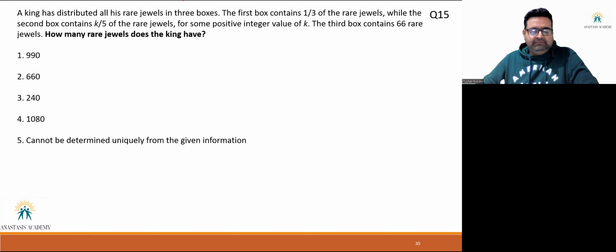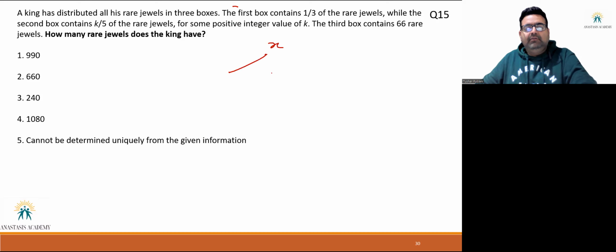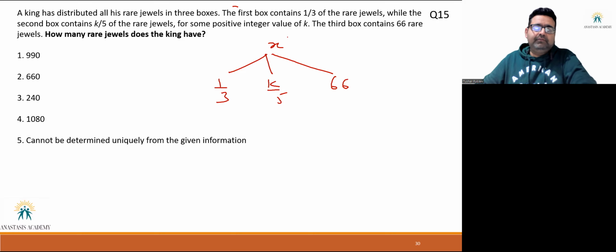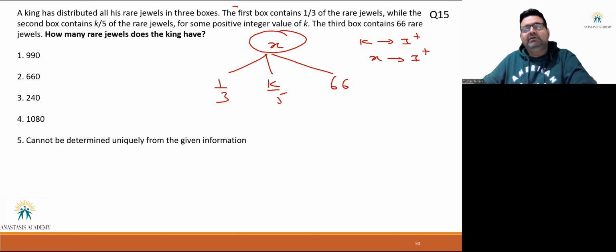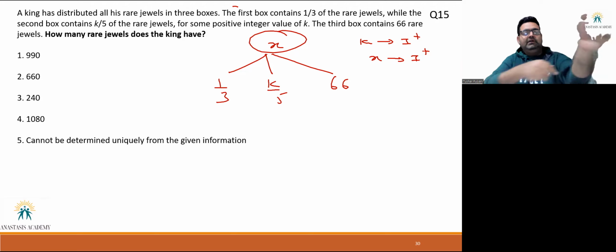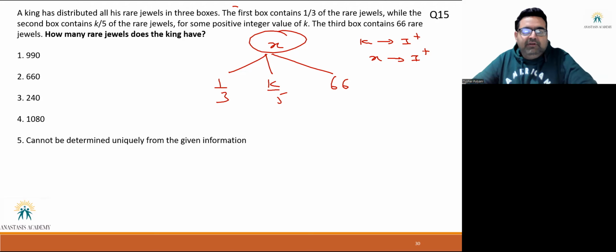So there were some rare jewels, let's call them x. They were put in 3 boxes, 1/3, k by 5, and 66. And obviously k is a positive integer, x is also a positive integer, the total number of jewels. Now we have to find how many. So x is what we need to find out.